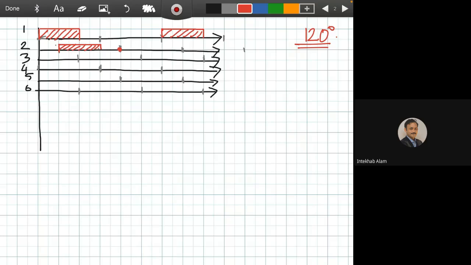I've drawn it with a little red dot, and switch 1 is also like this, and it will again conduct from here and will conduct up to this 120 degree. Okay, so do you have any question regarding these 2 points?